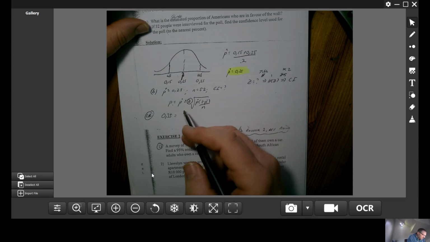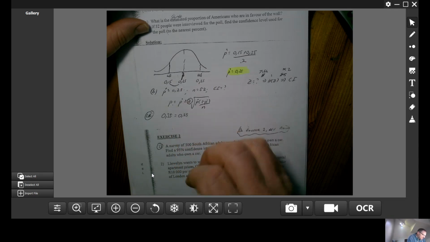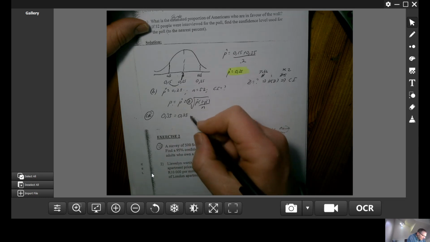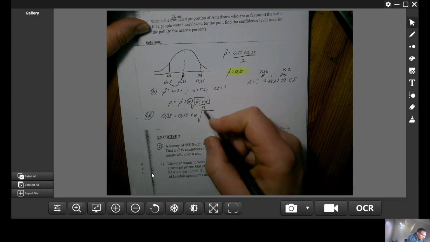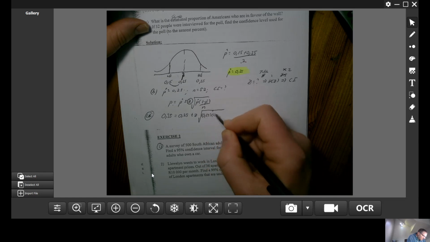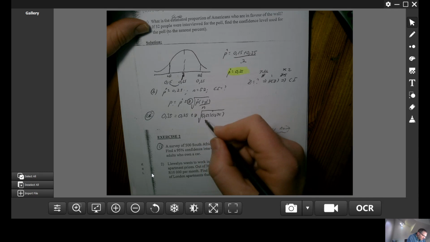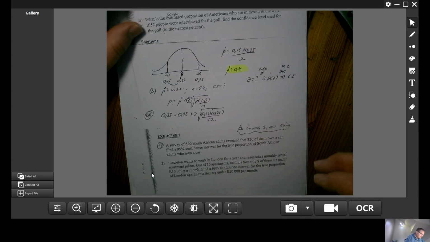So 0.35 minus 0.25, which is the difference P minus P hat, is 0.1, equal to Z times the square root of P hat, which is 0.25, times 1 minus P hat, which is 0.75, over the sample size N, which was 52. So now you've got to solve for Z.